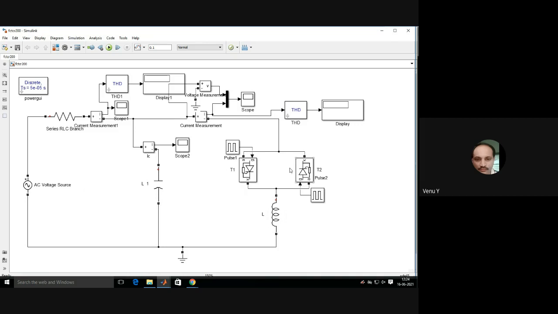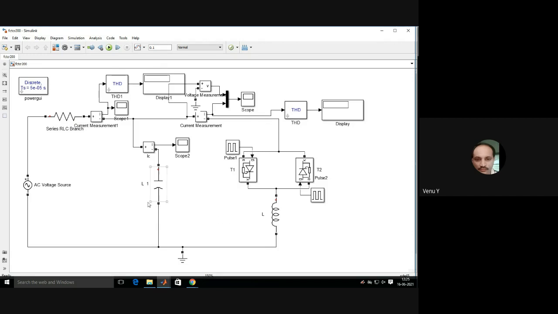The TCR size will be bulky, and it injects more harmonics into the system because of the bulky nature. Therefore, you go for TSC TCR type SVC, which we'll discuss again.